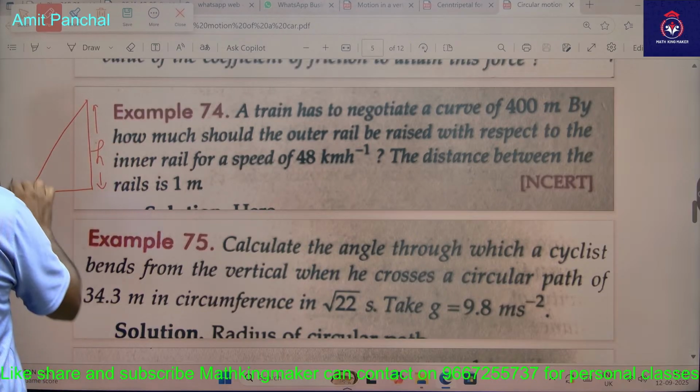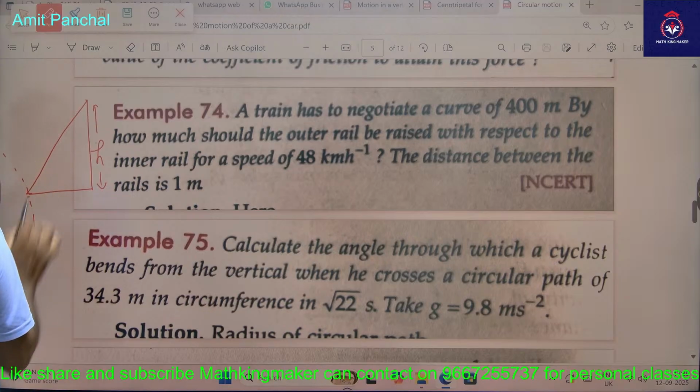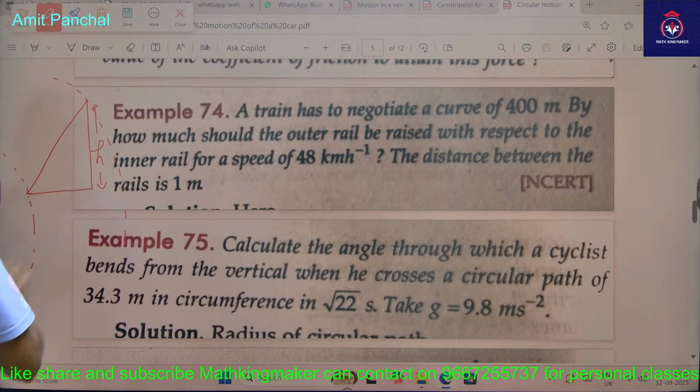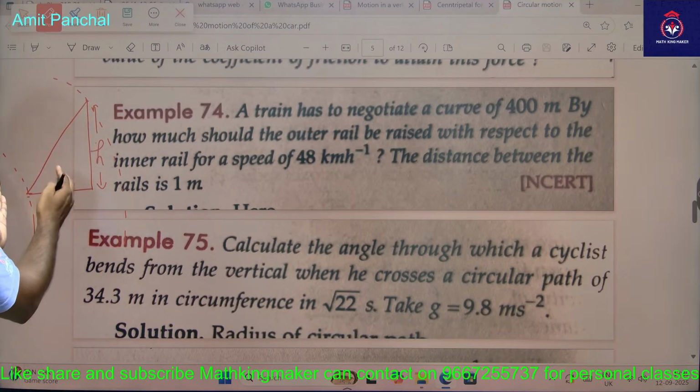So the height difference between this rail and this rail is h.